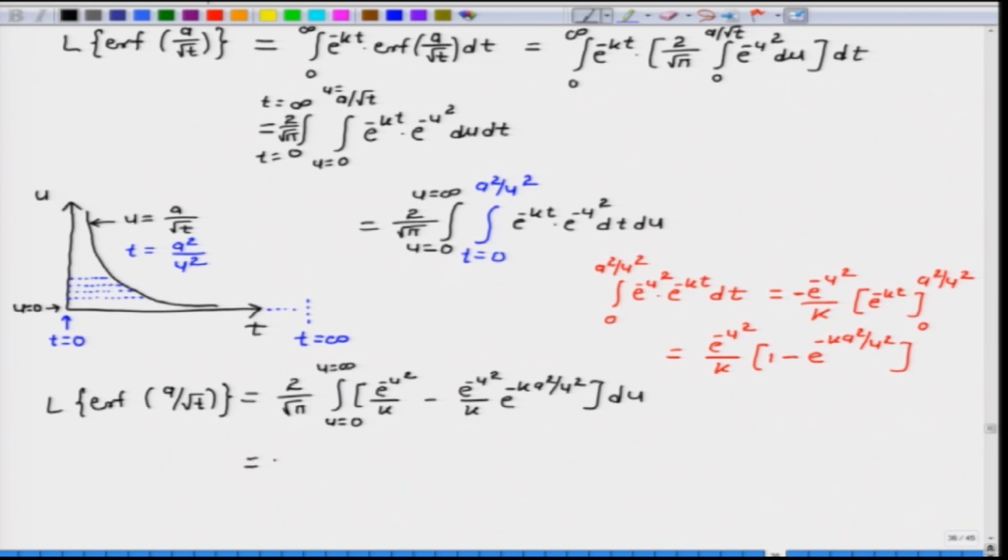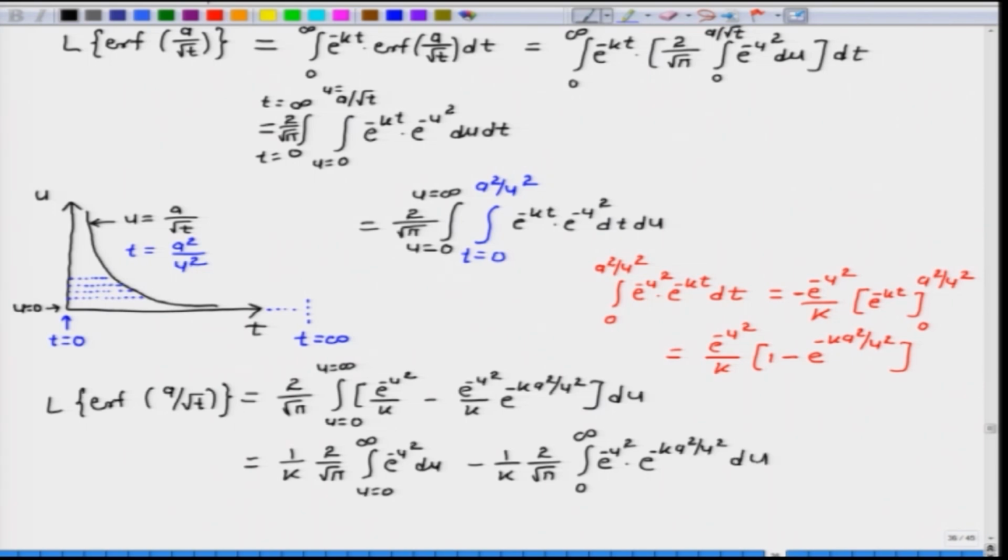If we evaluate this separately, this will be 1 over k times 2 over root pi integral 0 to infinity e to power minus u square du, minus 1 over k times 2 over root pi integral 0 to infinity e to power minus u square times e to power minus k a square over u square du.